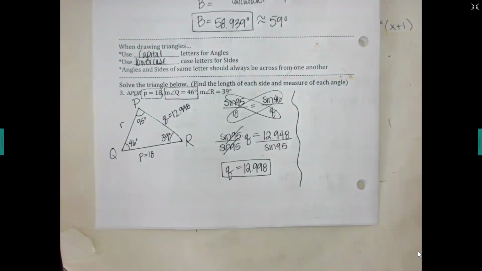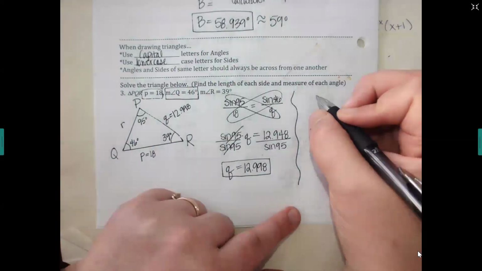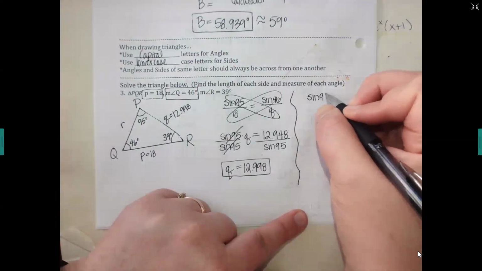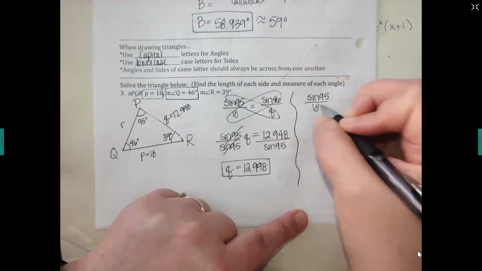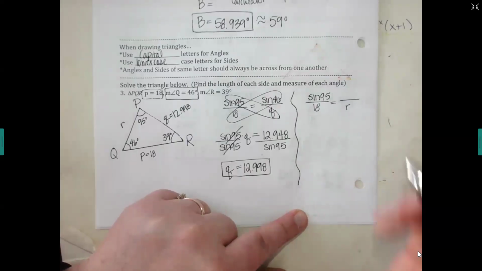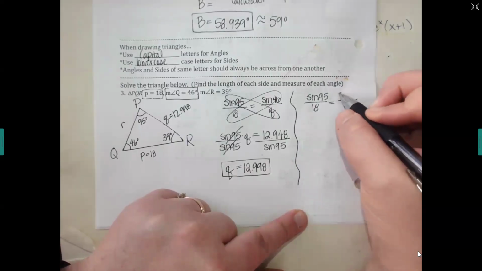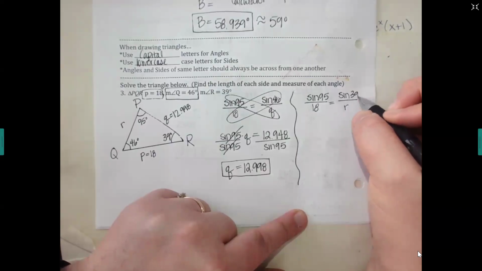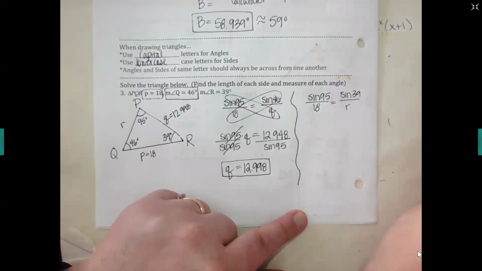Big R, which would be 39, correct. So my sine 95 over 18 stays the same. But if I want a little r on bottom, I have to sine big R on top, which is sine 39. And then you'll basically repeat the solving process the same way.